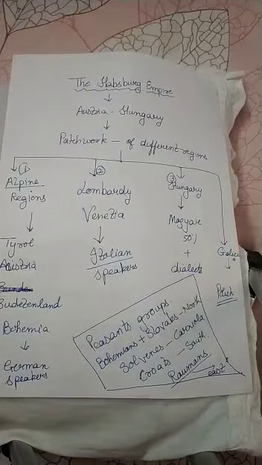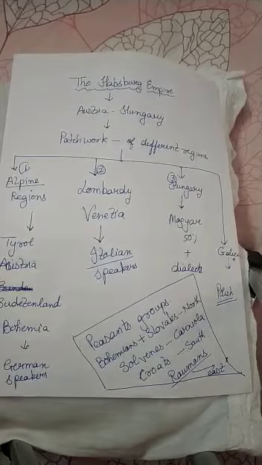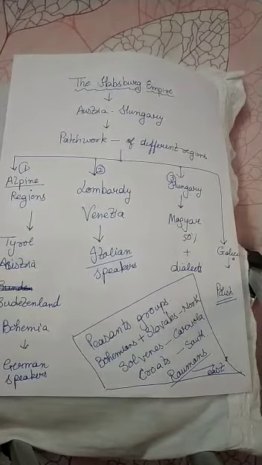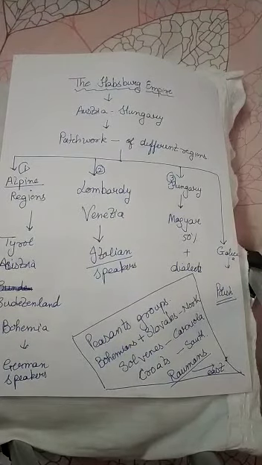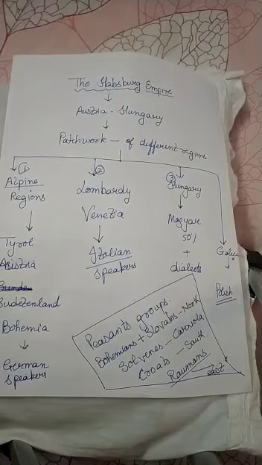Besides aristocrats, there were also peasants. Now, peasants obviously they may be landless, they may work as tenant farmers, they may be small peasants, whosoever. These peasants also lived in groups. And they followed their own culture and tradition and spoke different languages.